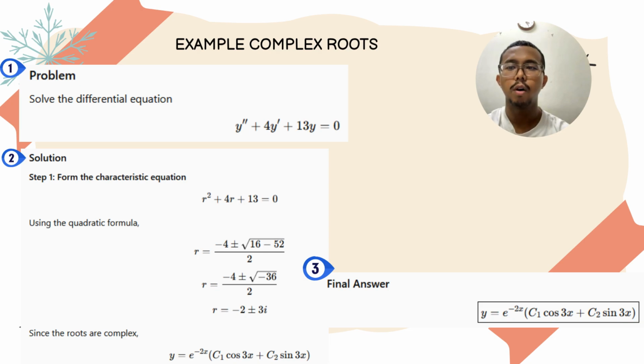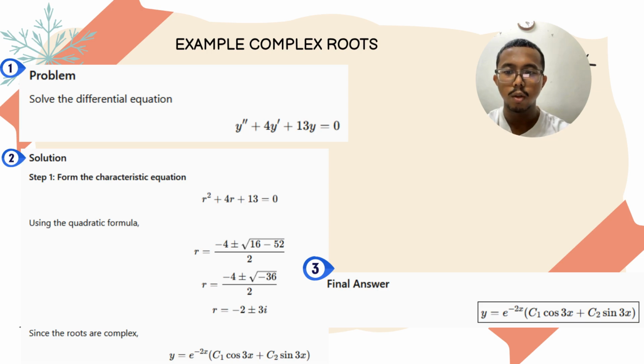Next, we move on to the example involving complex roots. The differential equation is y double prime plus 4y prime plus 13y equals 0. The characteristic equation is r squared plus 4r plus 13 equals 0. Using the quadratic formula, we obtain the roots negative 2 plus or minus 3i. Since the roots are complex, the solution involves exponential, sine and cosine functions.